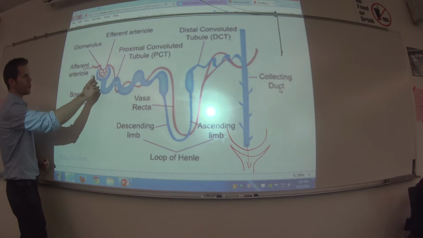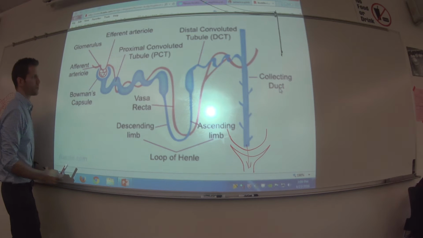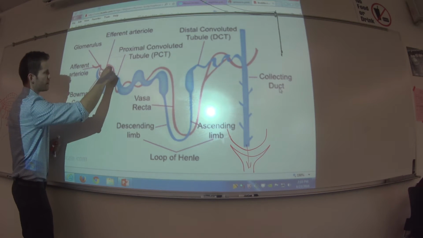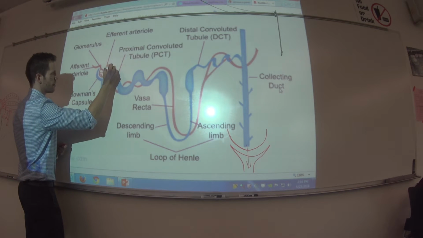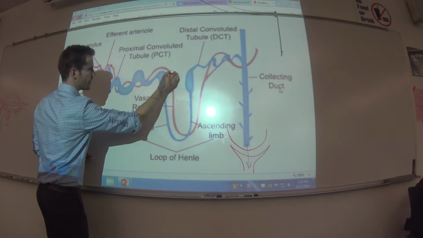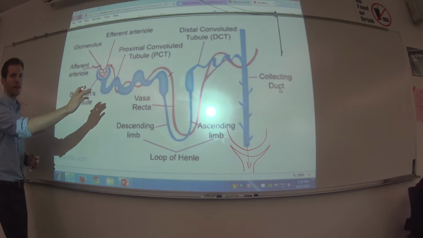Now, the blood flow continues on a pretty specific pathway. After you go from the efferent arteriole, this tube right here, beginning, I'd say right there, and going to right here, this is called the peritubular capillary.